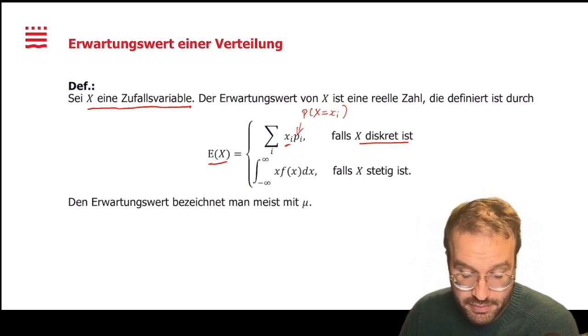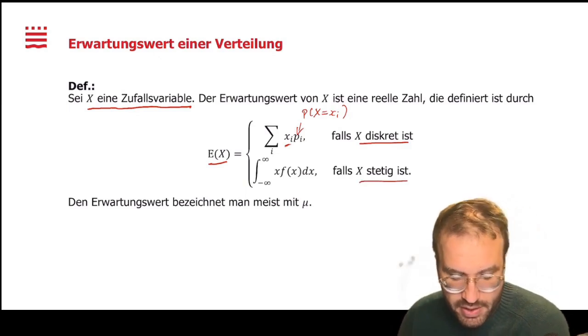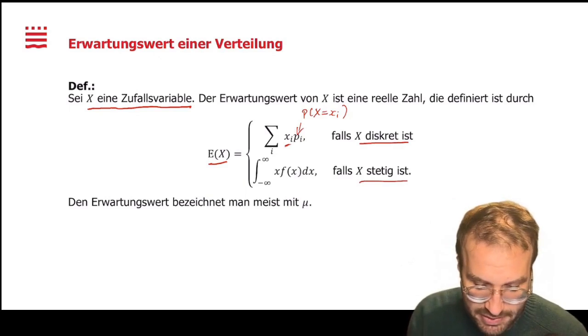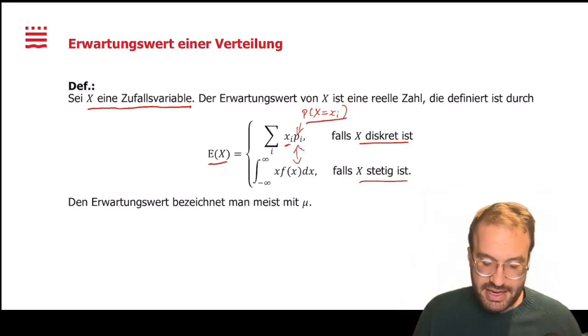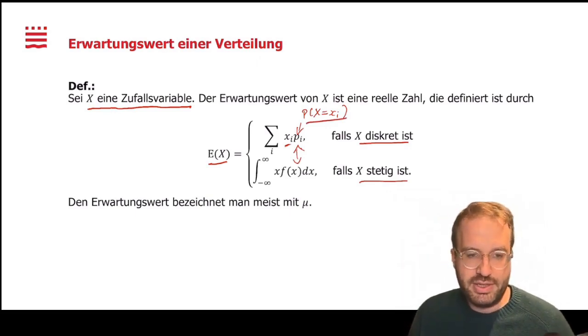Exactly. So now let's look at what happens when X is a continuous random variable. And then what we always do happens, we replace the p_i's with the density function. You remember in a continuous random variable, the probability that X has exactly one value is always 0. That means it doesn't make sense to work with that.